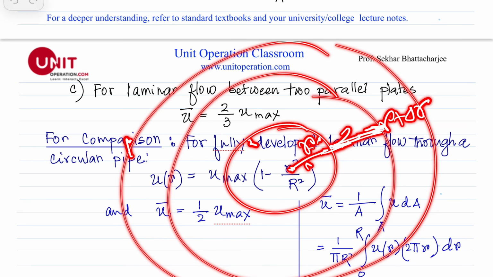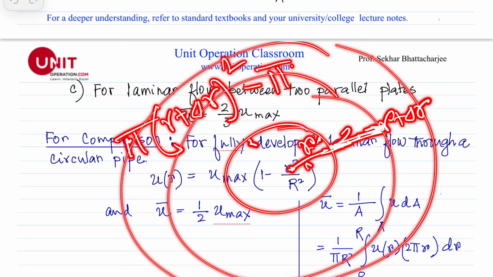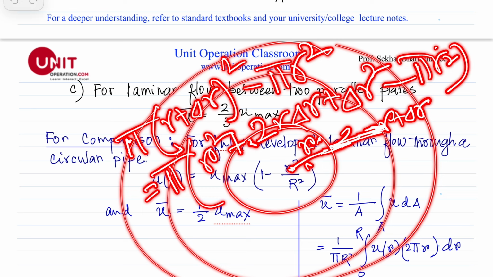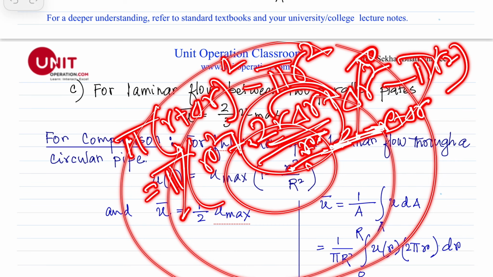So the flow area is equal to pi times r plus delta r whole squared minus pi r squared, and that is equal to pi times r squared plus 2 pi r delta r plus delta r squared minus pi r squared, and of course these two cancel out, and this is 2 pi r delta r. This of course is a small differential section, so basically this is 2 pi r dr.